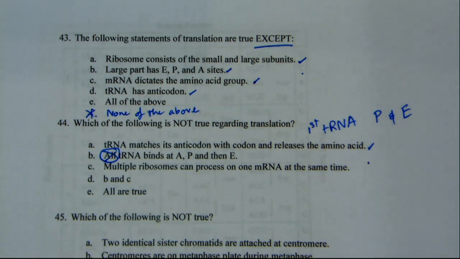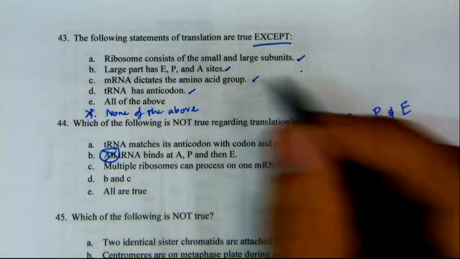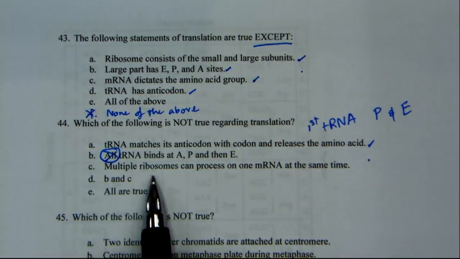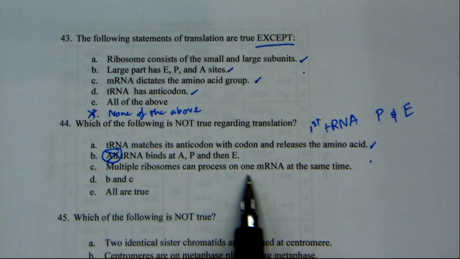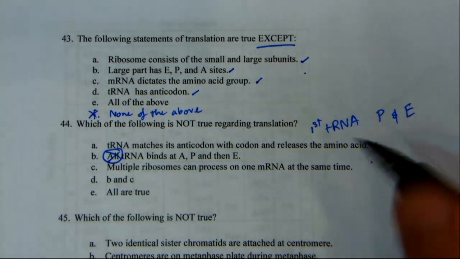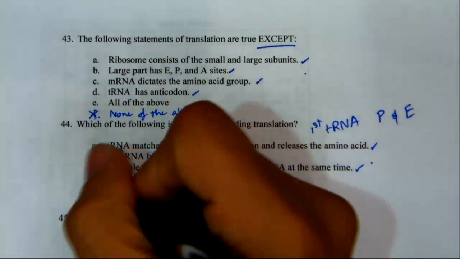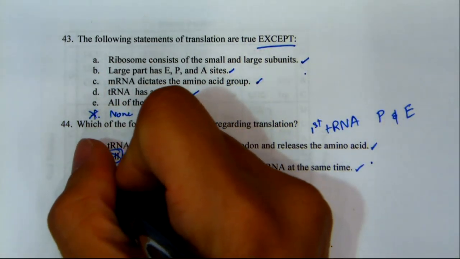So it binds to P first. So this one is not true, B. Multiple ribosomes can process one mRNA at the same time. Is that correct? Anybody? This one is also correct, actually. So the answer to this is B and C.